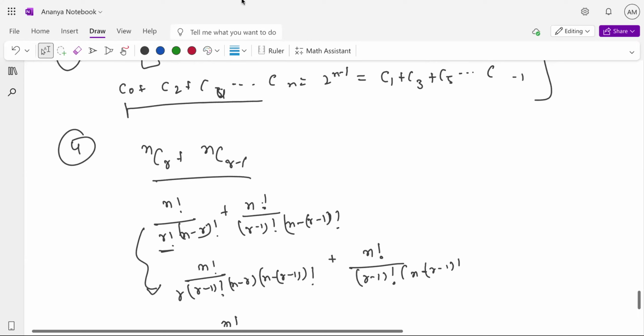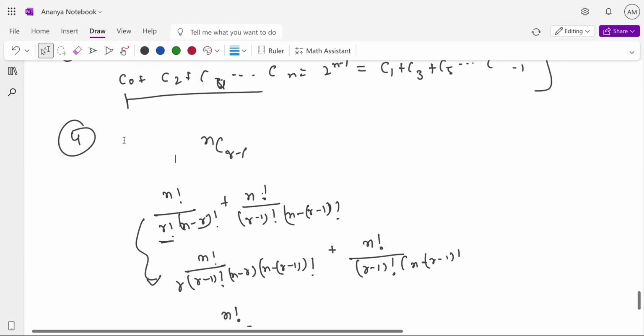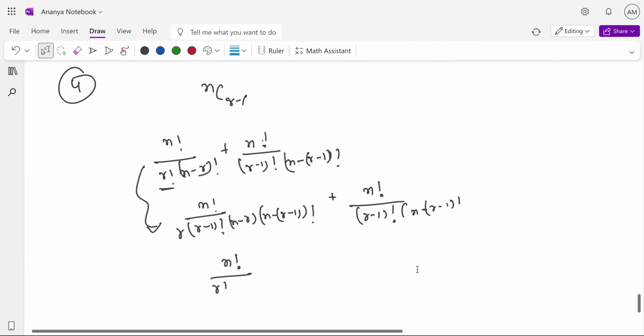N plus, like NCR plus 1. Wait, let me check where we had missed. Okay, let's do one thing. Let's erase whatever I have written. I have done some mistake here, I know. That's why I'm not getting the proper derivation of it.